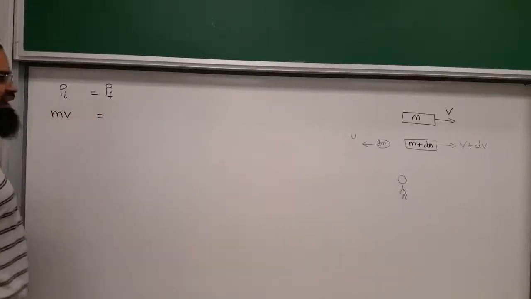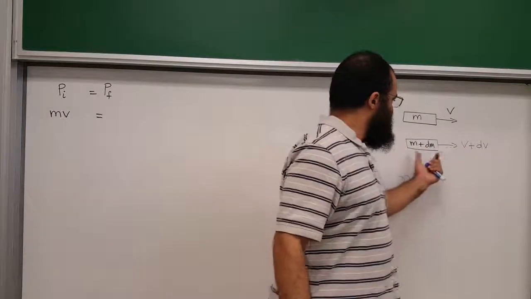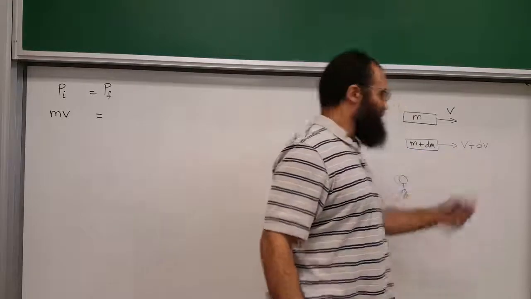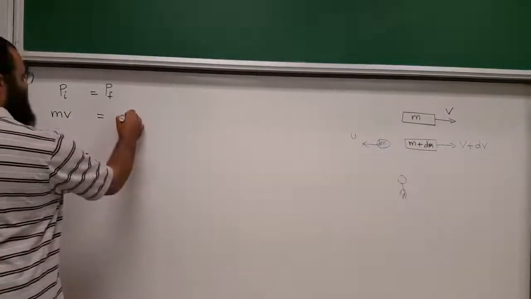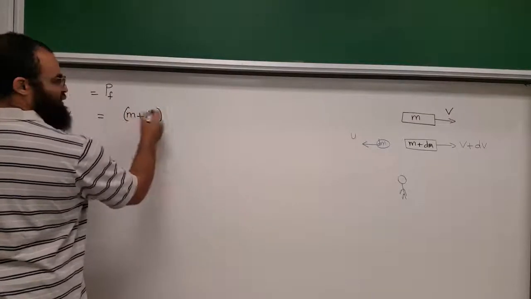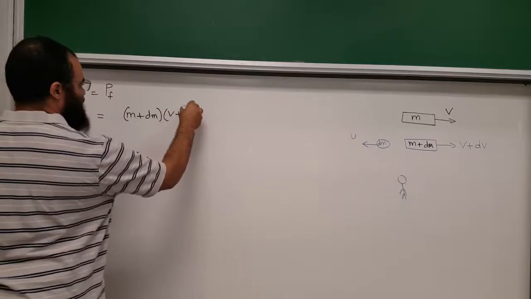The momentum at the end, you have the rocket itself, which has this momentum. It's the mass later times the speed later. So it would be the mass plus dm times the speed later, which is v plus dv.